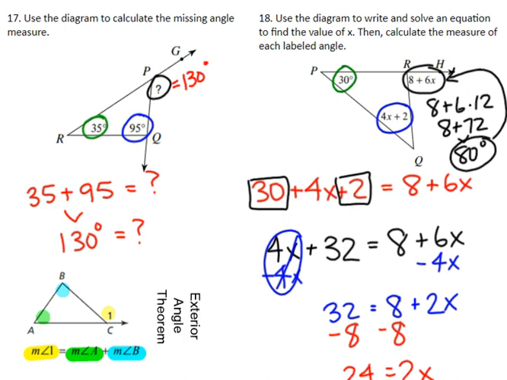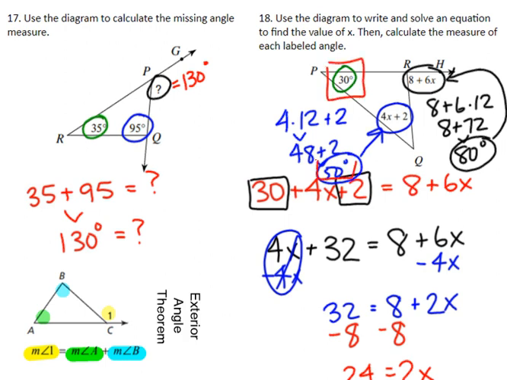And then for blue, I'm going to do 4 times 12 plus 2. So 48 plus 2 is 50 degrees. And again, be sure you have the degree symbol. Okay, one last test to make sure that I have this right. 30 plus 50 is 80, and that's what it shows right here. It should equal.